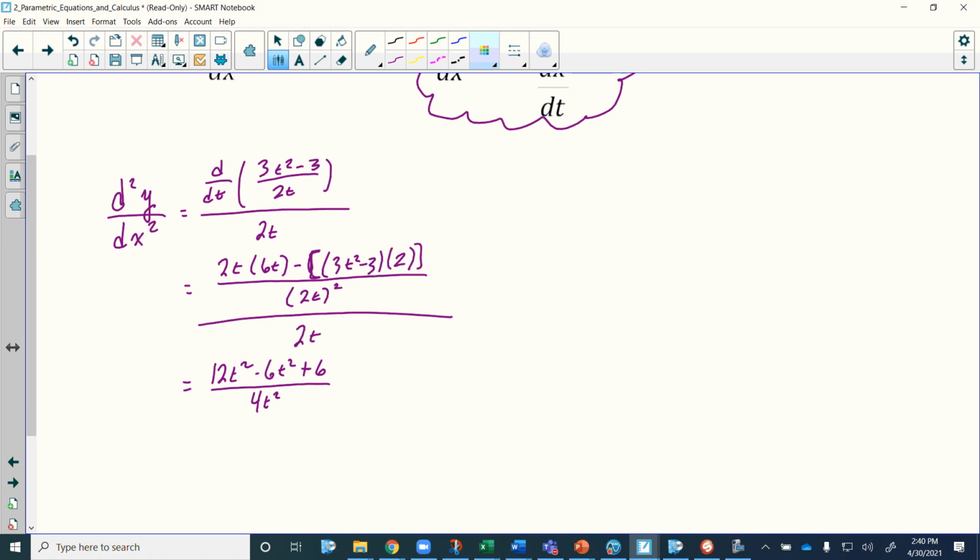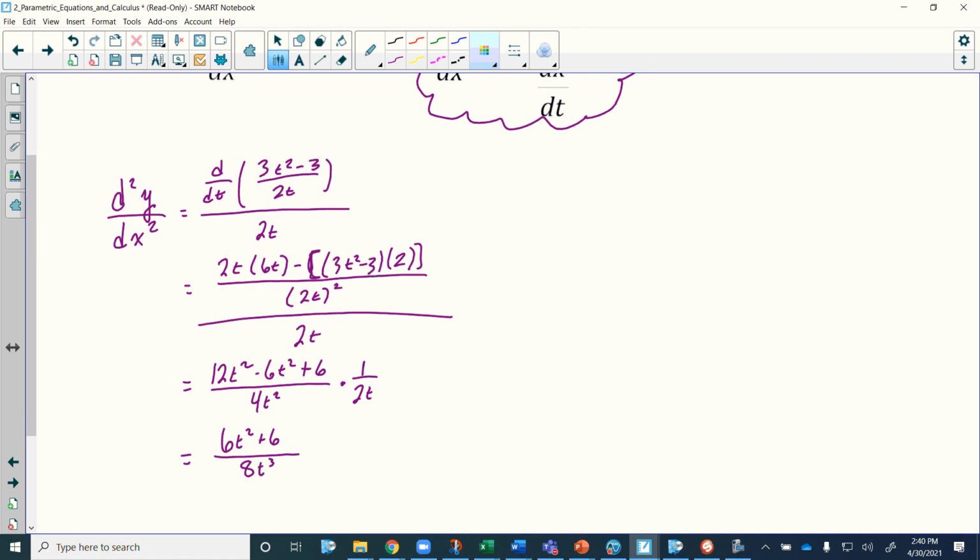And instead of dividing by 2t, I'm going to multiply by its reciprocal, multiplied by 1 over 2t. So simplifying a little bit more, the 12t squared and the 6t squared are going to simplify to just be 6t squared plus 6 divided by, and we're going to wind up with an 8t cubed.